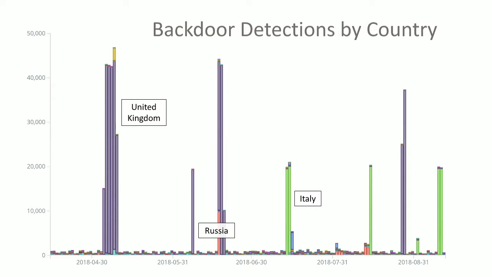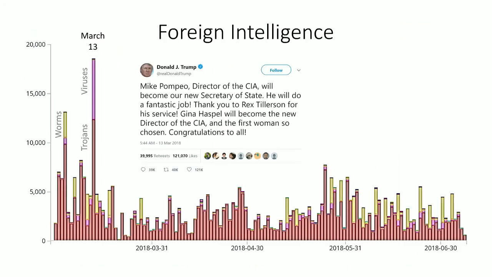I see activity between the UK and Russia, some of it taking place in northeastern Italy, but a very high level of backdoors. I've confirmed that they're not false positives, but they also have tended to rise and fall with events in this story. More on Russia later in our webinar.